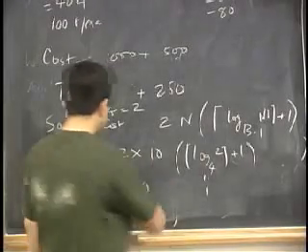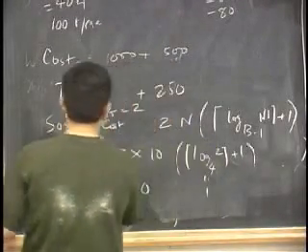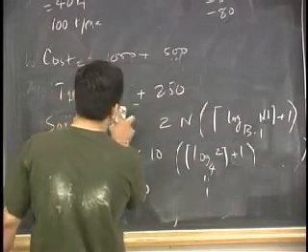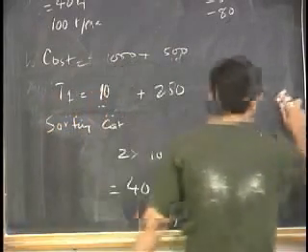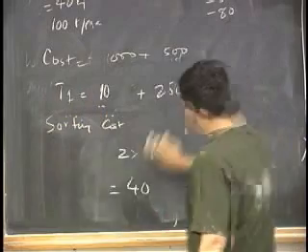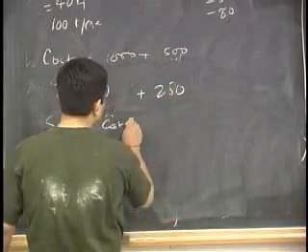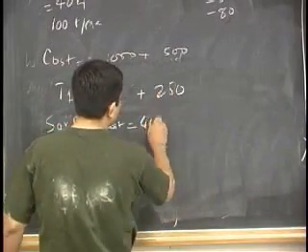So we'll have a sorting cost of 40 for the first one.